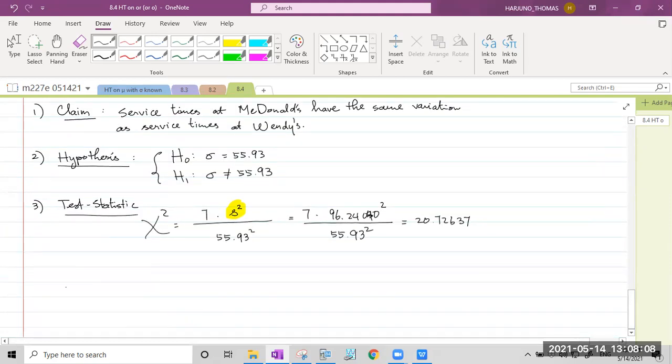Now then, the p-value. Oh, by the way, the claim is here, but this is two-tailed, right? So the value I have later on the tail region, I need to multiply by 2.